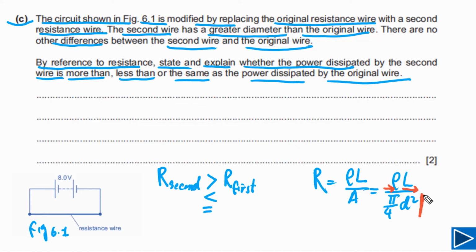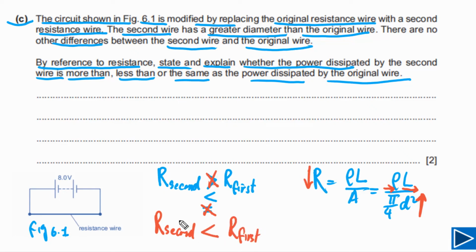But the diameter has increased. If the diameter increases, resistance will decrease. So the resistance of the second wire is less than the resistance of the first wire.